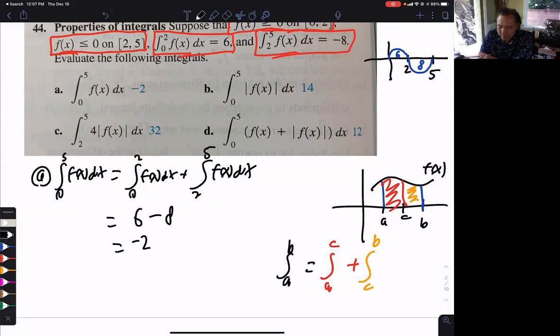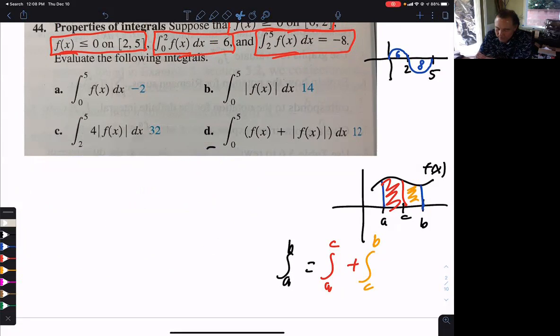All right, part B. Let's do part B. This one's kind of tricky. To be able to do part B, conceptually, you have to understand what's happening. So the graph looks, I don't know, I know it has net areas like that.